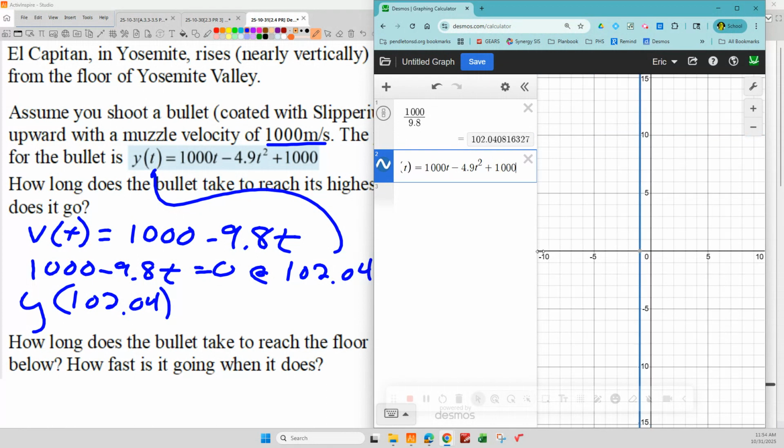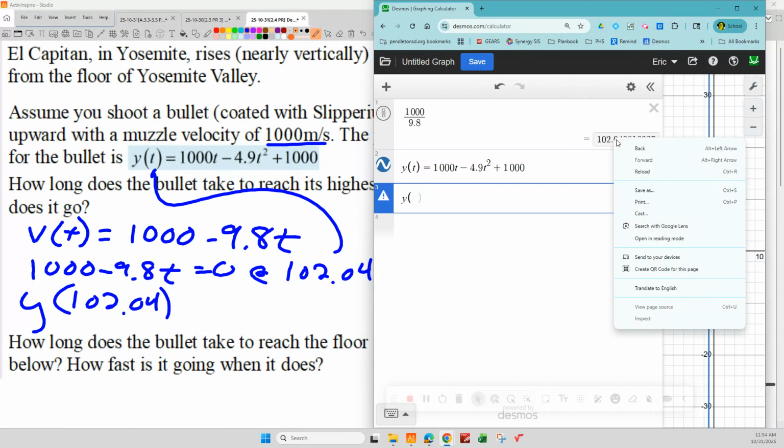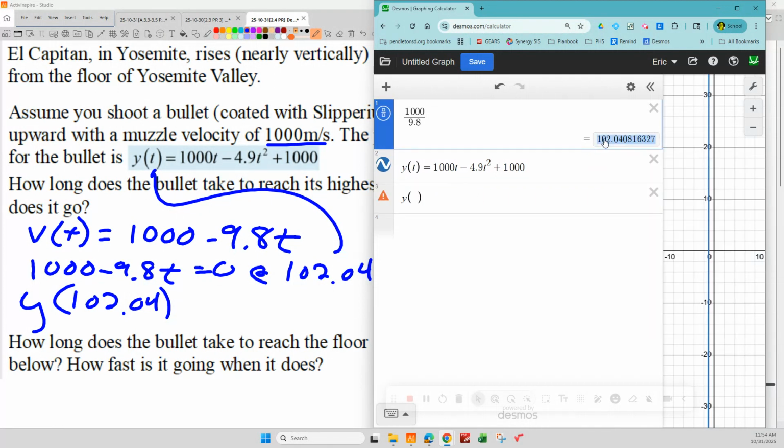And so y of that number. What did it do? I don't know. That's weird.